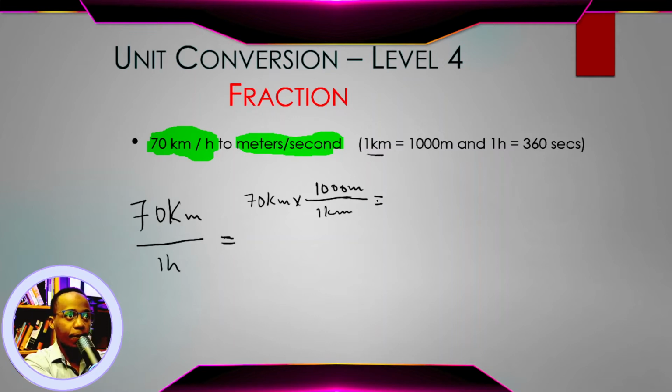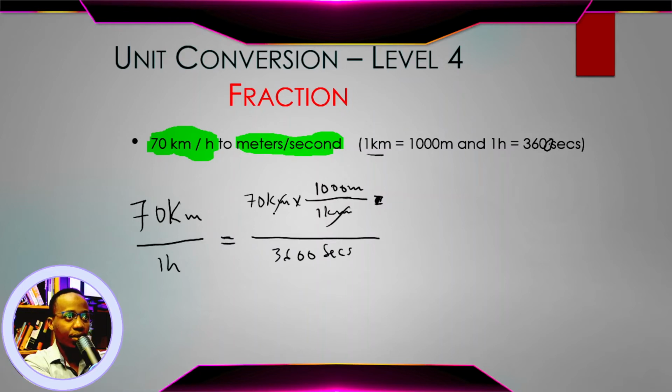Before we say what it's equal to, let's also convert the hours. The hours need to go to seconds, and it's not actually 360, it's 3,600 seconds. So 1 hour is 3,600 seconds, right?